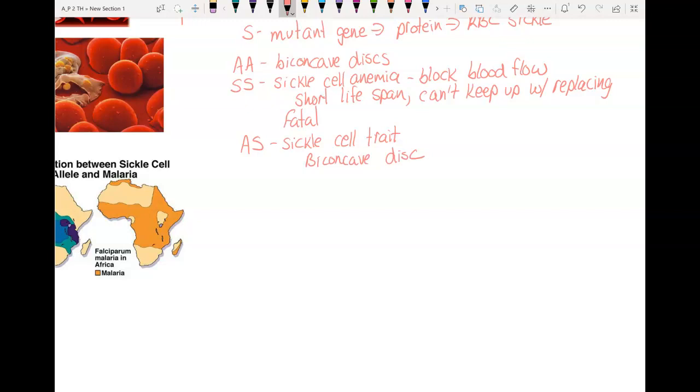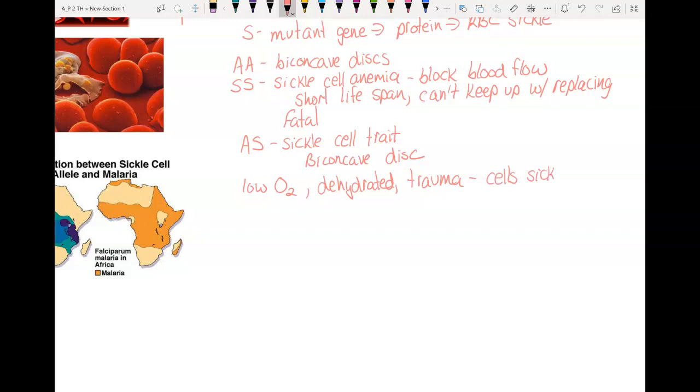So you're going to be going along just fine with your biconcave disc cells. There are certain conditions that can cause them to sickle. So if you have low oxygen, if you become dehydrated, or if you suffer a trauma like being in a car accident or something like that that puts your body through a trauma, your cells can sickle.